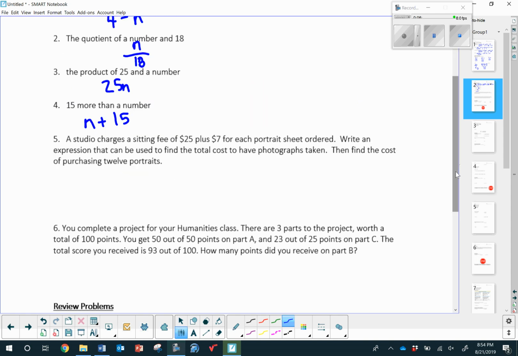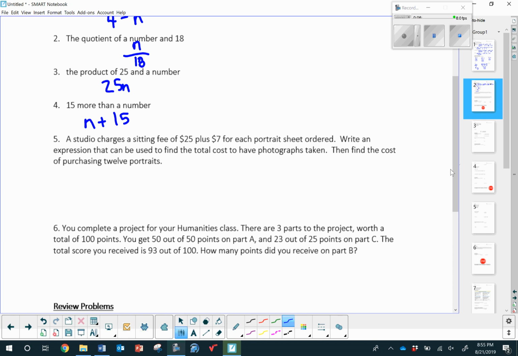All right, we're going to look at 2 word problems here. It says a studio charges a sitting fee of $25 plus $7 for each portrait sheet ordered. Write an expression that can be used to find the total cost to have photographs taken. Then find the cost of purchasing 12 portraits.